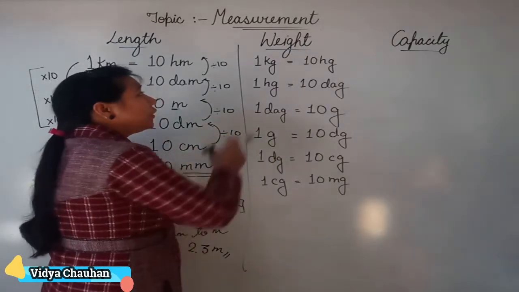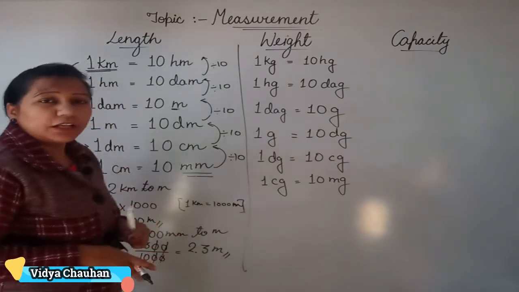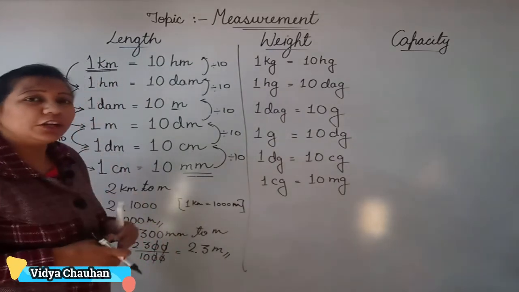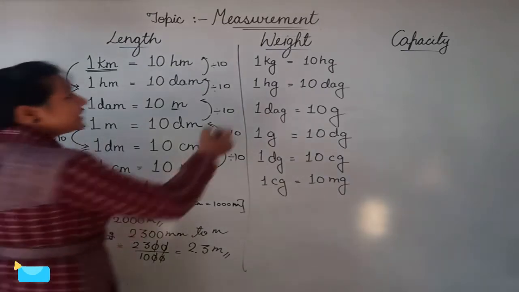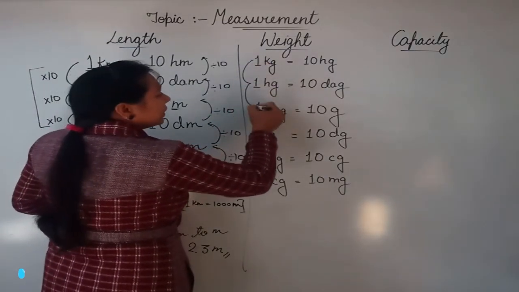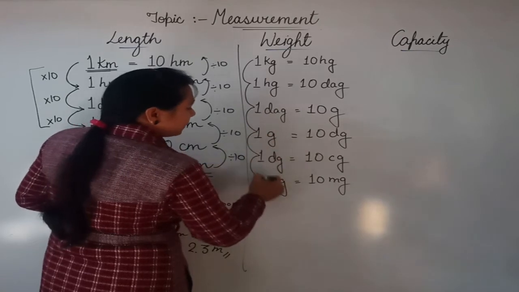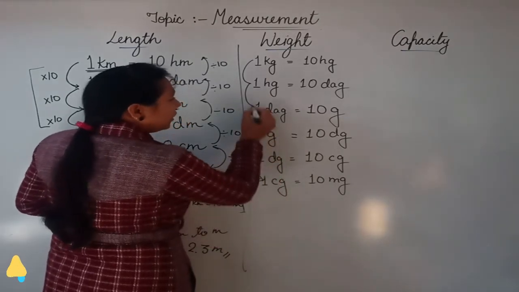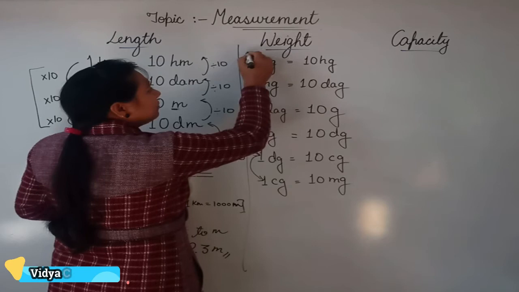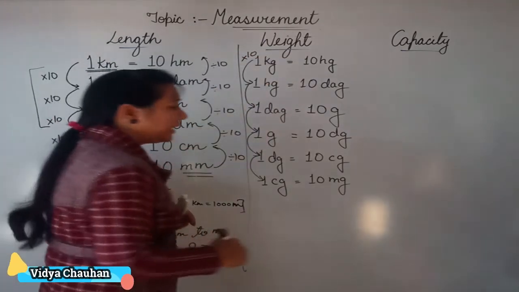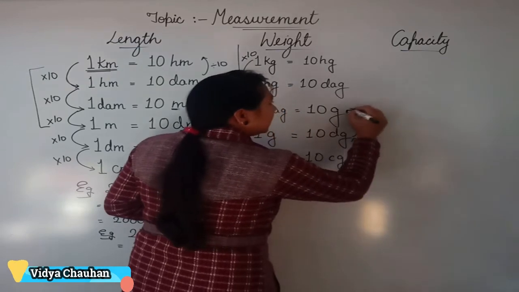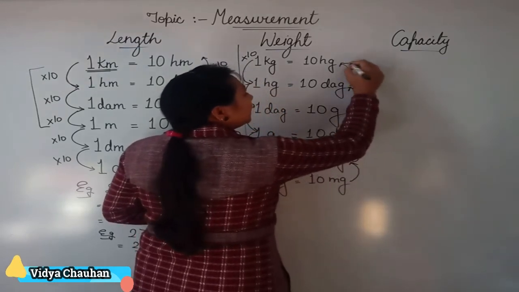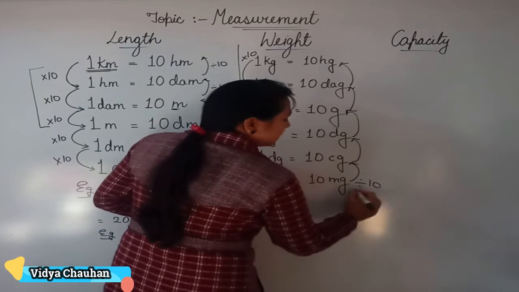Now, the rule for conversion of kilograms, that means higher unit to smaller unit, is the same as we have done in length. When we are moving in the downward direction, from the higher unit to the smaller unit, every time we multiply by 10. And when you are moving from a smaller unit to a bigger unit, every time we divide by 10.